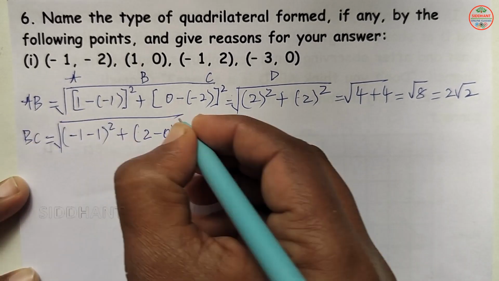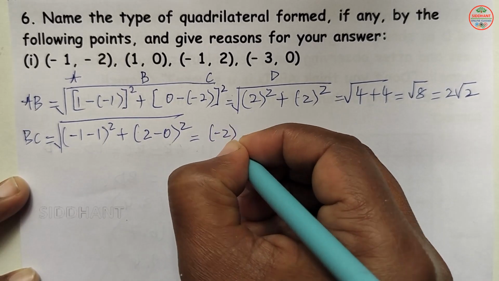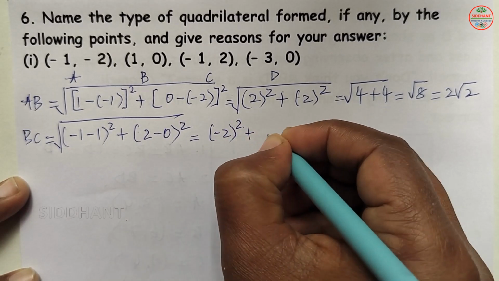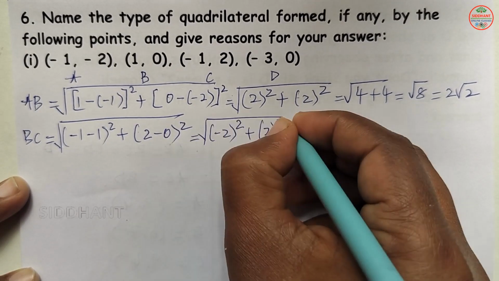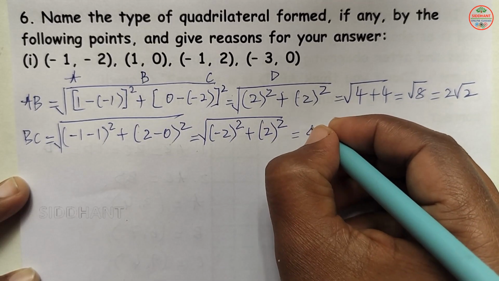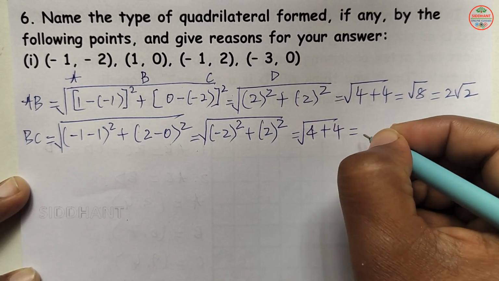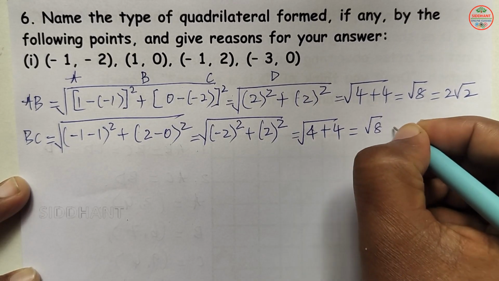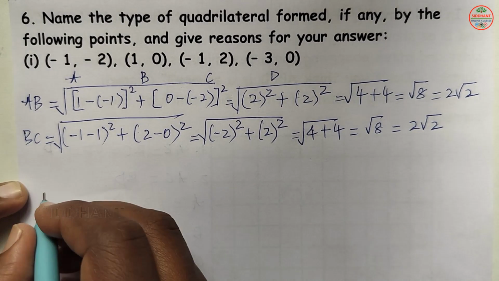So that will be minus 2 whole square plus 2 whole square. So this is square root. Now 2 square 4 plus 4. So that will be root 8. Root 8 means 2 root 2.